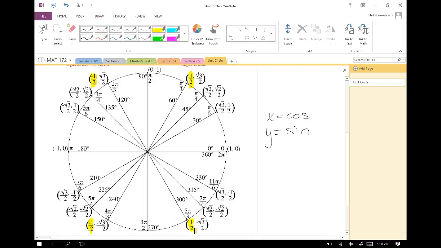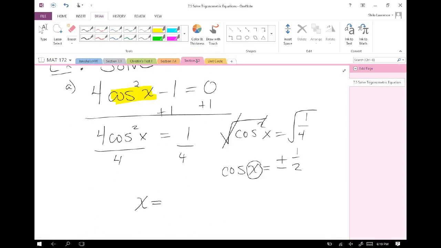And we're just doing this in degrees right now. So it looks like I've got 60 degrees, 120 degrees, 240 degrees, and 300 degrees. So x is 60, 120, 240, and 300.